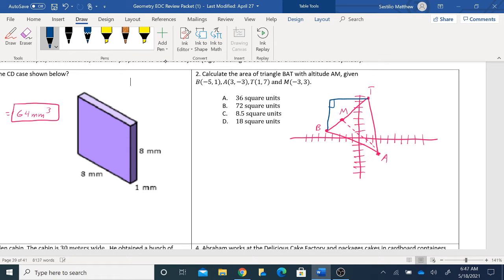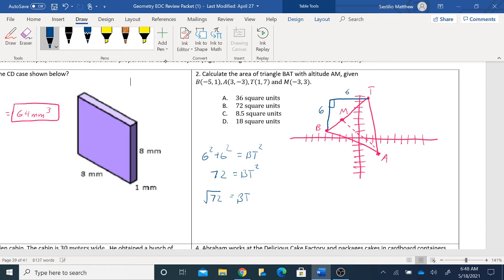If B's Y value is at 1 and T's Y value is at 7, that means the side is 6. If B's X value is at negative 5 and T is at 1, that means this is also 6. So B to T, this would be 6 squared plus 6 squared equals side BT squared. So 36 plus 36 is 72. So BT equals the square root of 72.